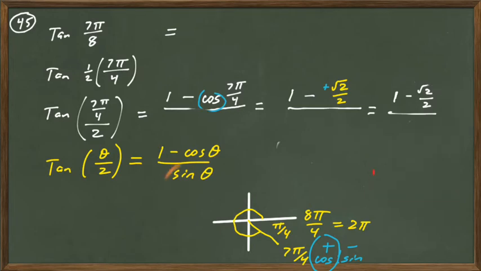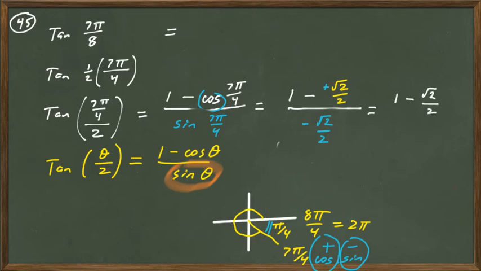Okay, it should not be over 2. It should be over the sine. So on the bottom should be the sine of what? 7 pi over 4, which we know the reference angle is pi over 4. Sine and cosine is radical 2/2. But in this quadrant, what is it? Negative. So that's why they had a different answer, was I did not have the denominator correctly. So how do you want to do this? You have 1 minus radical 2/2, and what are they both divided by?